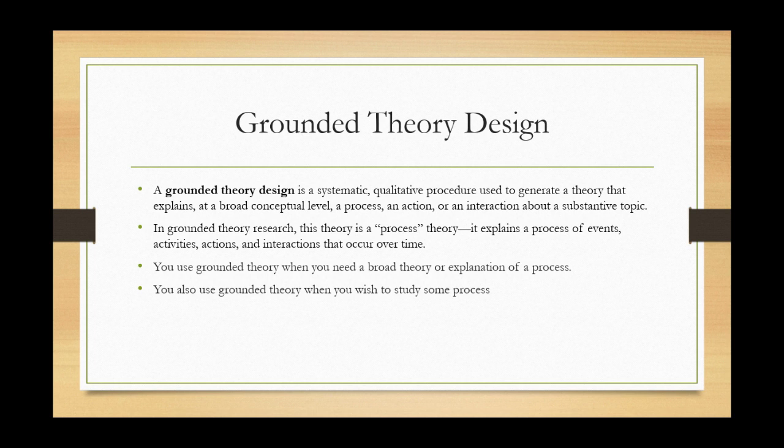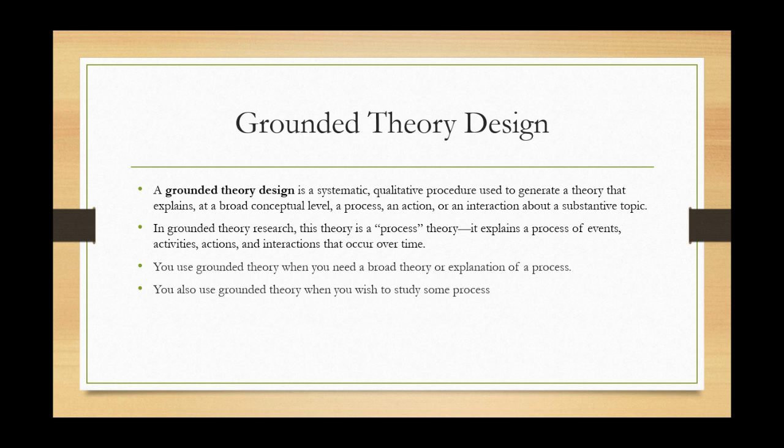Then after collecting data, you group those data, or you put those data in certain themes or categories. Then in connecting those categories, you form what we call a theory, and this theory will be the one that explains the process.